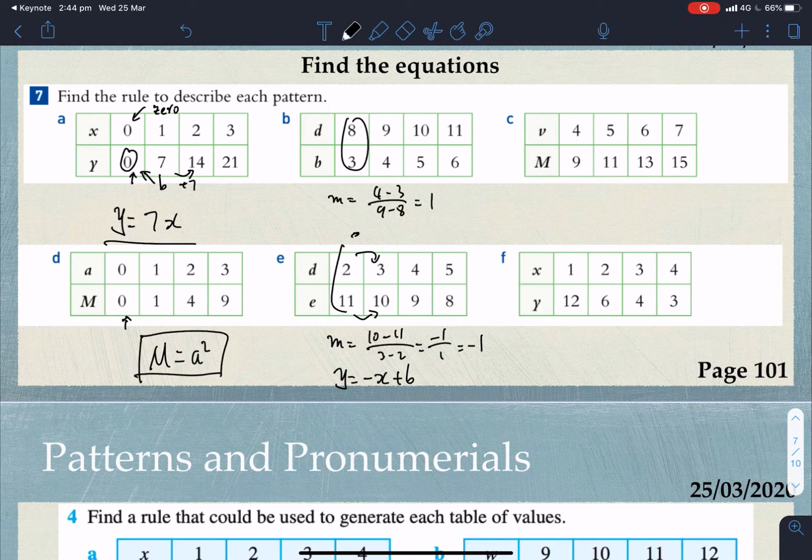So we can substitute this one. So 11 equals to negative 2 plus b. We can plus 2 on both sides. B equals to 13. So y equals negative x plus 13.